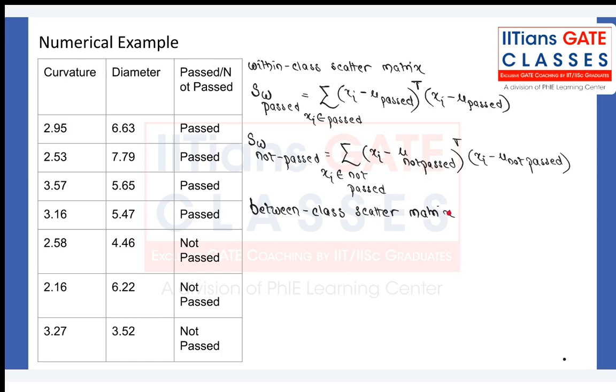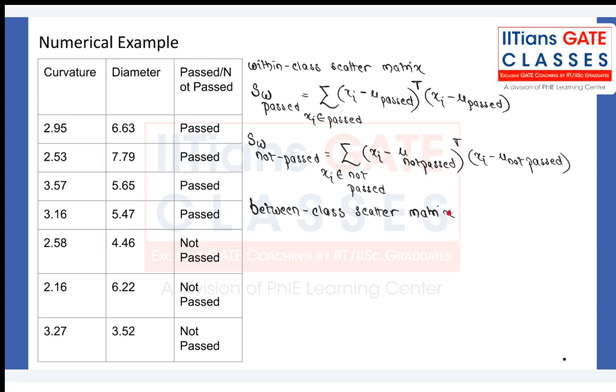We calculate the between class scatter matrix SB. One second.